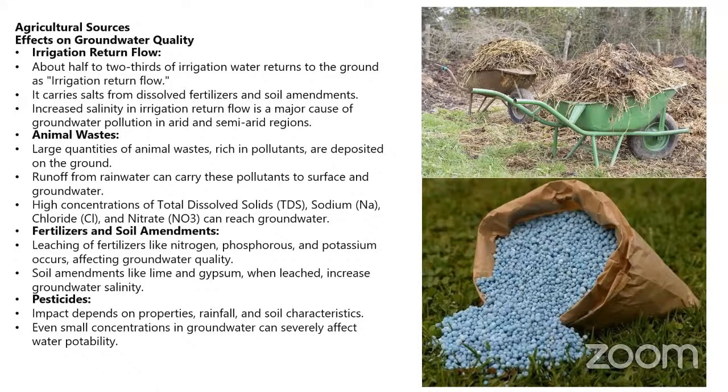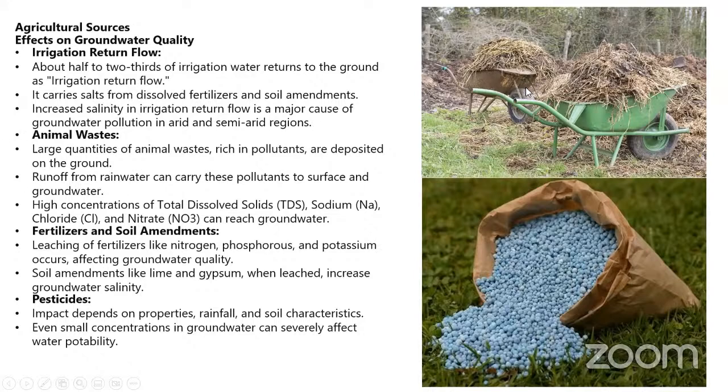There may be a return flow or recharge of the water used for agriculture, mainly in paddy cultivation or other highly water-dependent crops. It carries salts from dissolved fertilizers and soil amendments. Increased salinity in irrigation return flow is a major cause of groundwater pollution in arid and semi-arid regions.